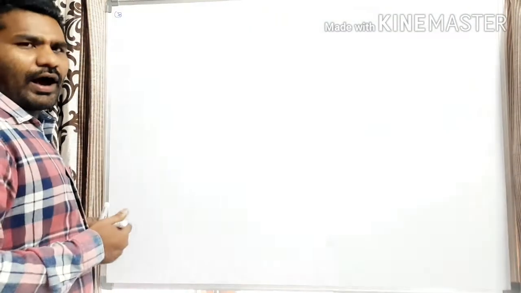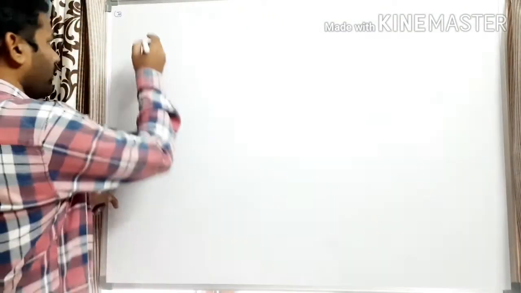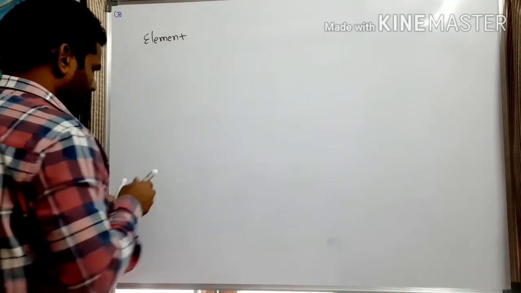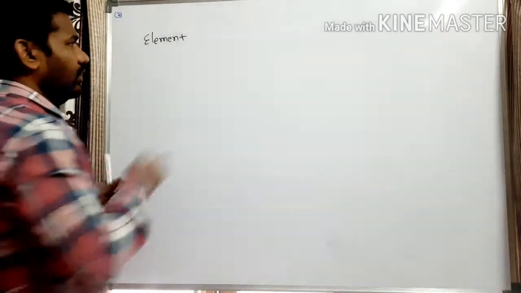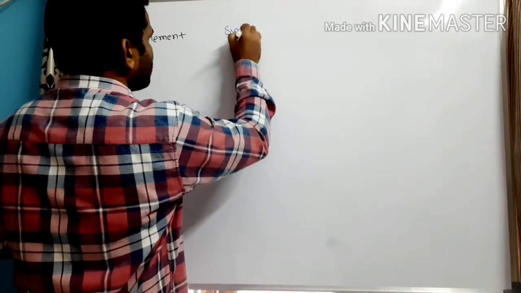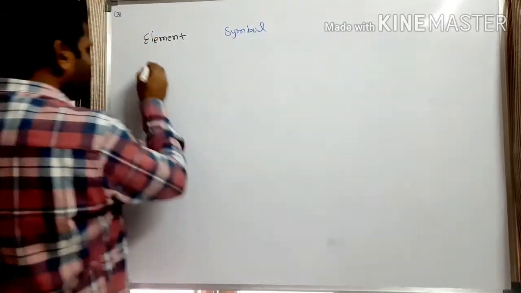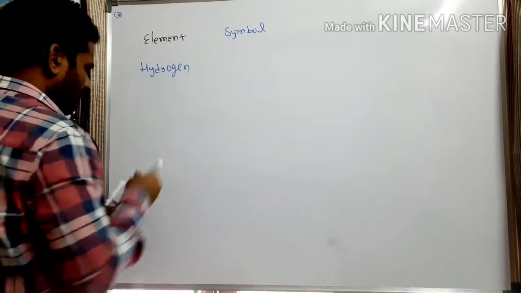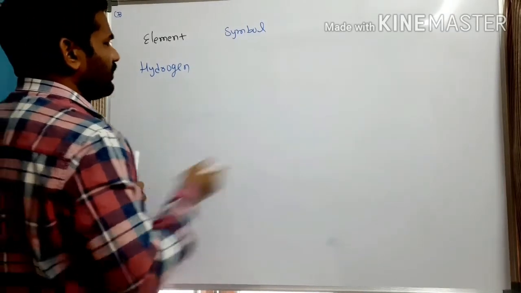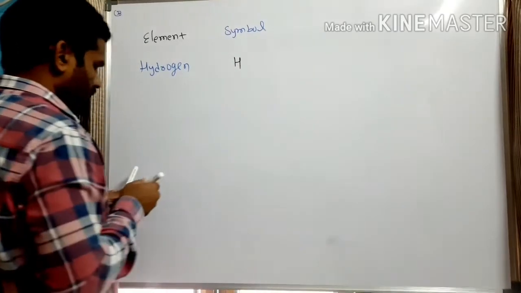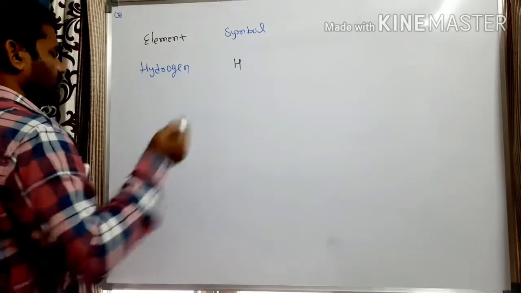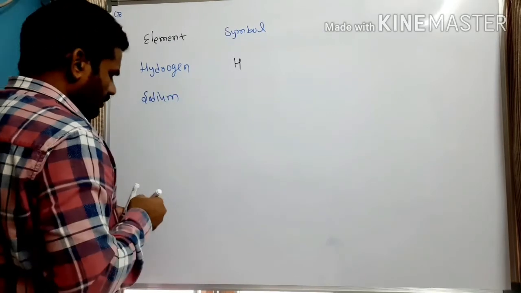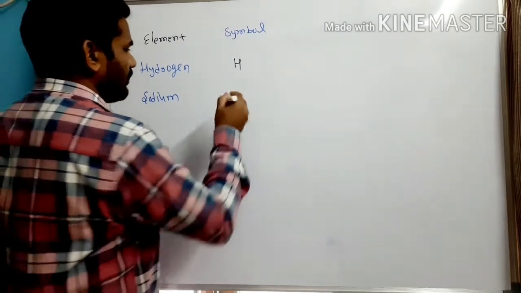I think all of you are aware that an element is represented by a symbol. Suppose the element hydrogen is there, we represent it by the symbol H. If the element sodium is there, we represent it by the symbol Na.